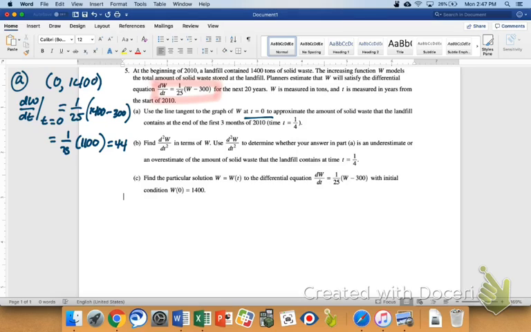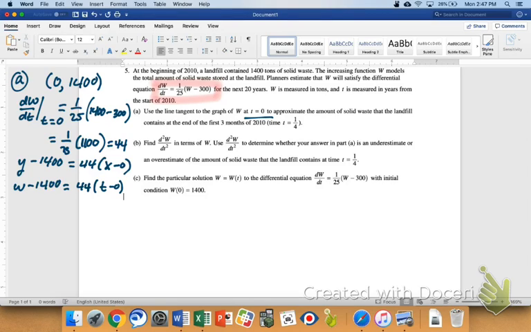I like it. Okay, so at this point you should be equipped to do this. You could use W's and T's, or you could use Y's and X's. I'll use Y's and X's this time. So you could say y minus 1400 is equal to 44 times x minus 0, which would be at least an equation of the tangent line. Or you could write it as W minus 1400 equals 44 times t minus 0.